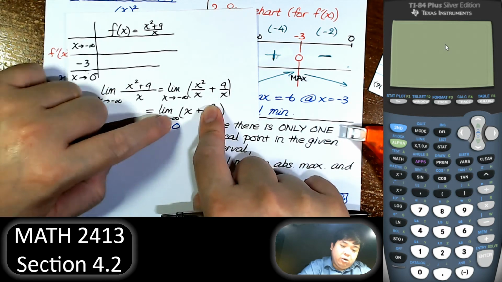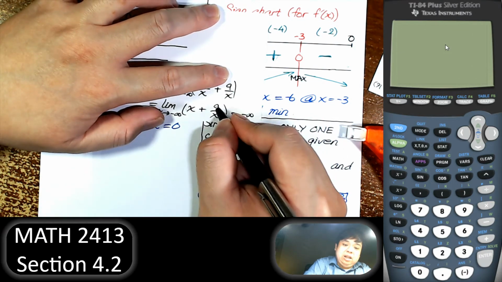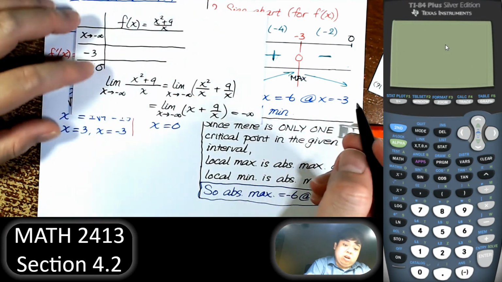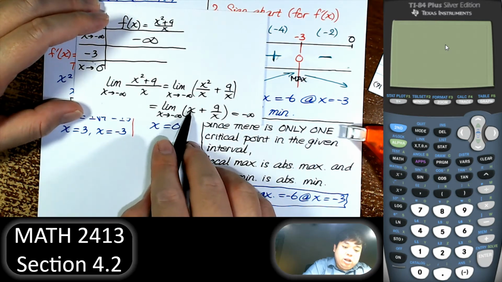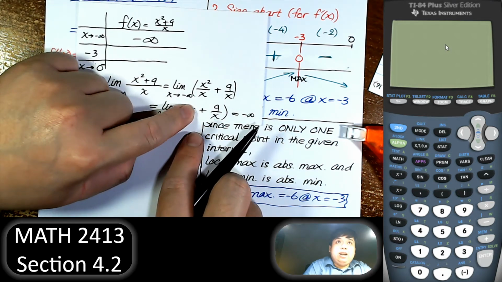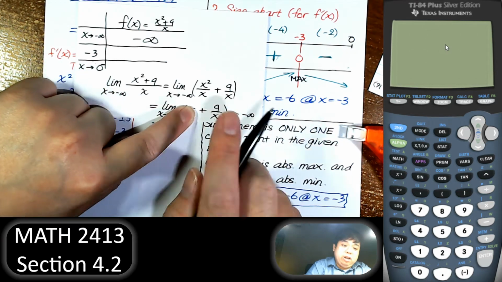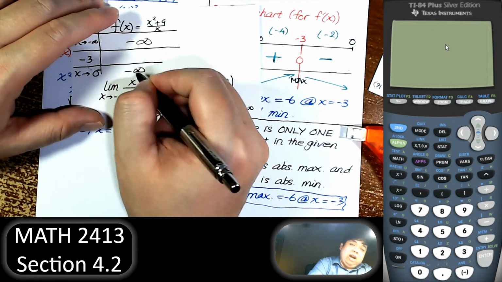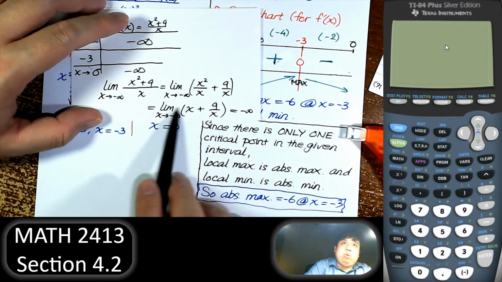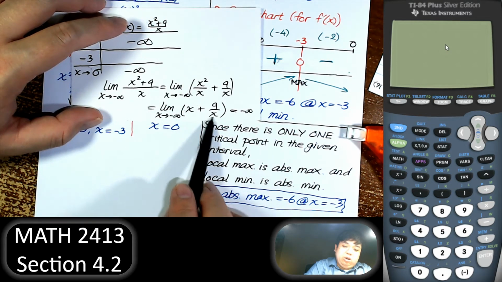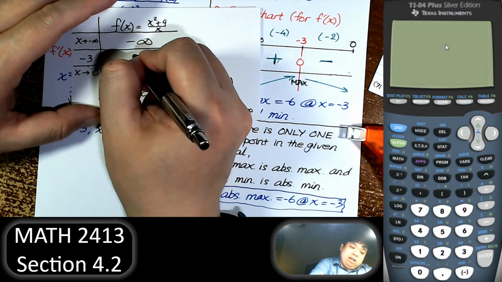So this goes to 0, and x goes to negative infinity. So I have negative infinity here. Likewise, if x goes to 0 from the left, 9 divided by something going to 0 will be infinity, so either case, we have negative infinity. If x goes to 0, we do the same thing. Split them, and putting in 0, of course, that gives us negative infinity. And then we have negative 6 here.